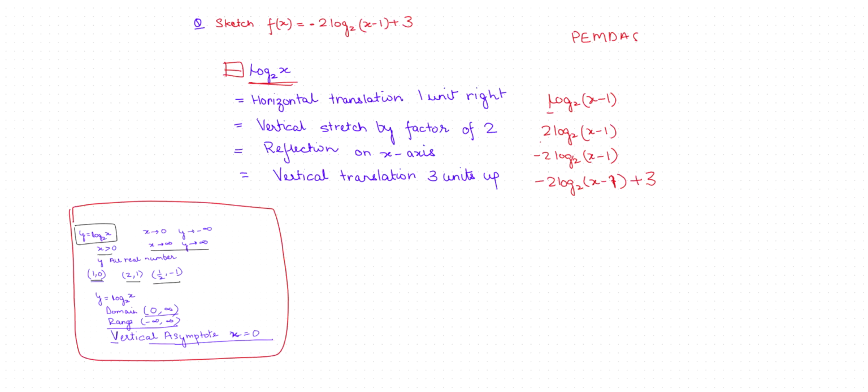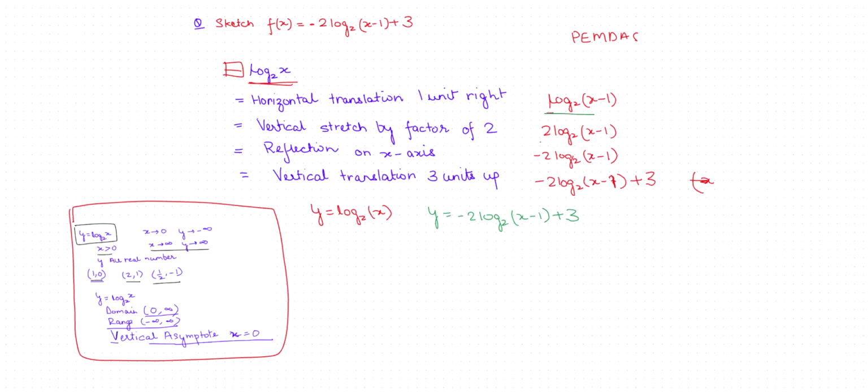Now we see that it moves right 1 unit. So basically x has moved to x plus 1 here.